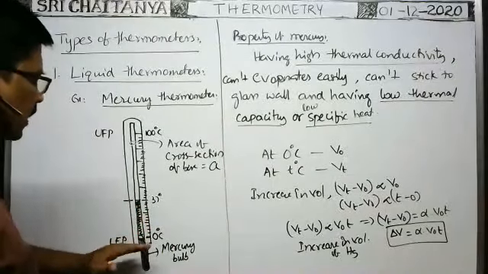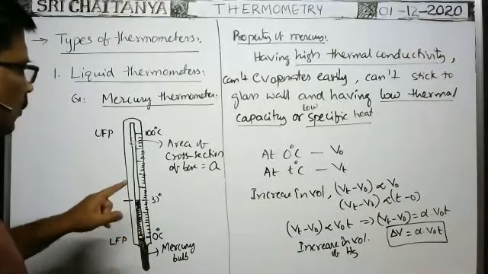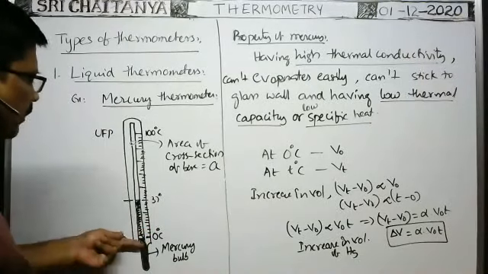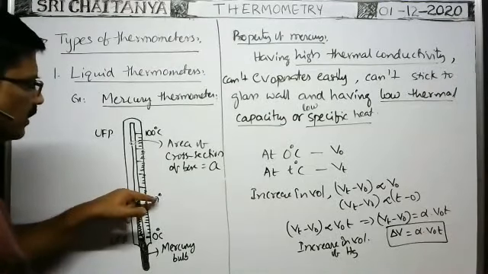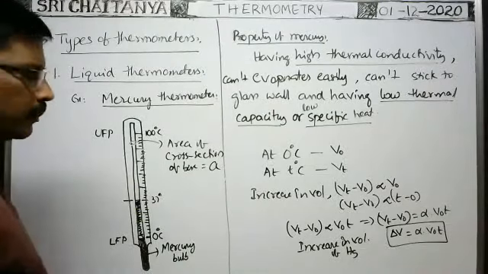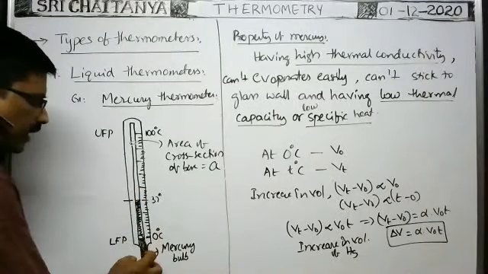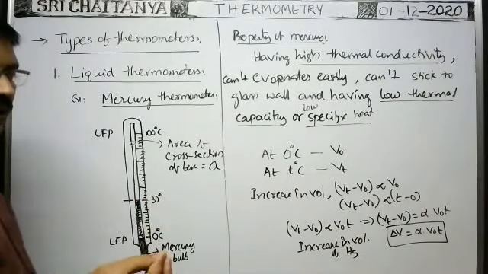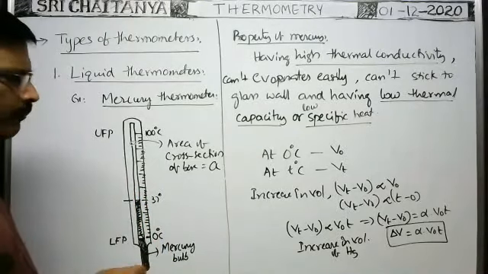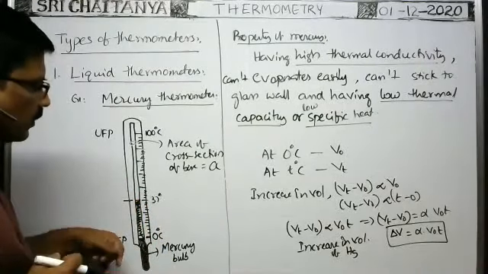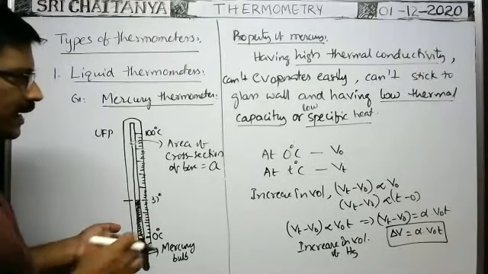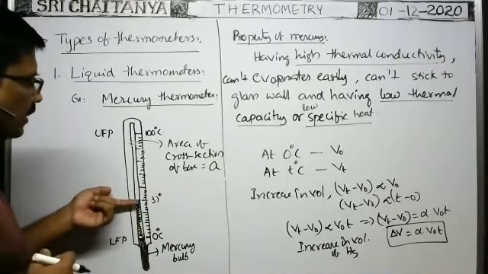Whenever the temperature of the mercury is increased to 37 degrees centigrade and the mercury level rises up to here, exactly at this point 37 degrees centigrade is marked. That means when the mercury bulb is in contact with another body at 37 degrees centigrade, after a few seconds the temperature of the mercury also increases to 37 degrees centigrade, so expansion takes place and the mercury level rises up to this point.